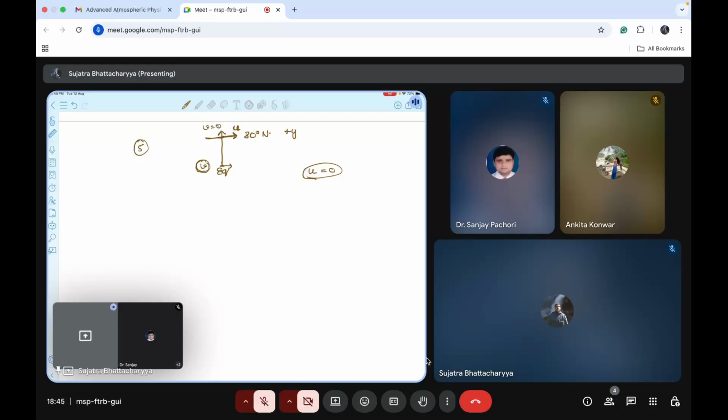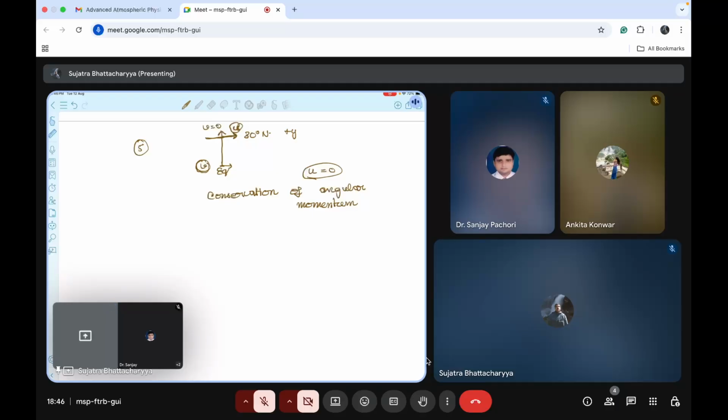So I need u at 30 degrees north, and we will apply the conservation of angular momentum because that is what is asked. So, conservation of angular momentum. I will first write the expression and then tell you what the actual thing is.